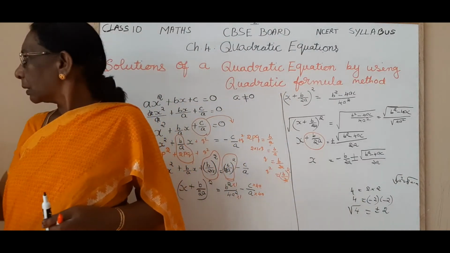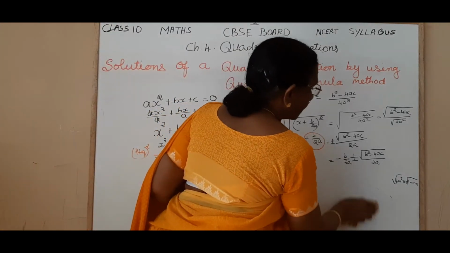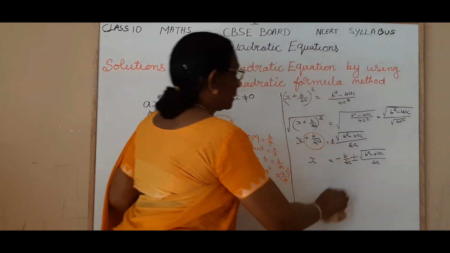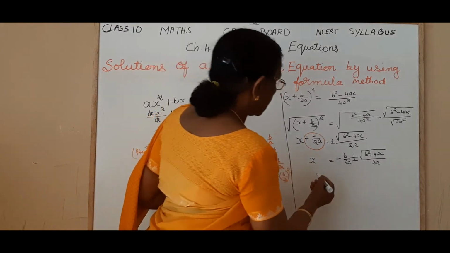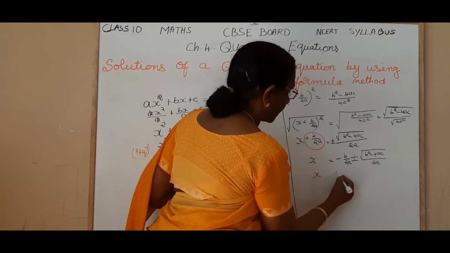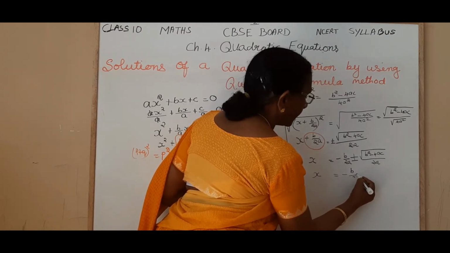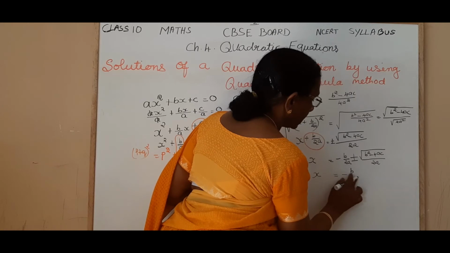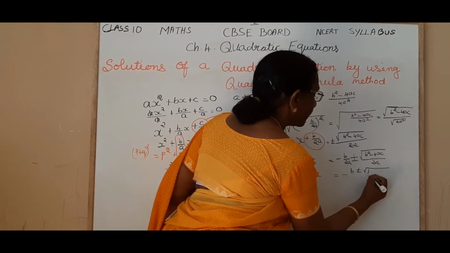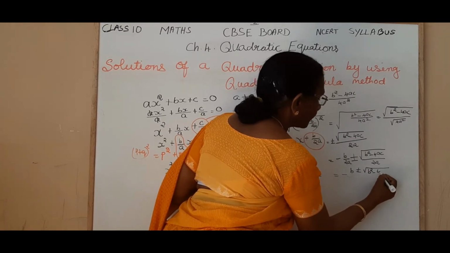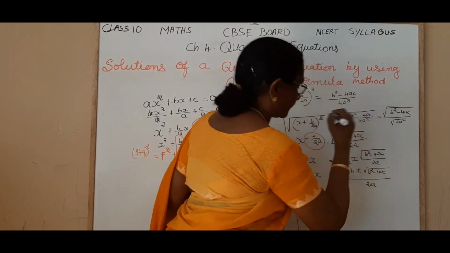Now see here, 2a is the common denominator for both terms. Isn't it? So you take this as the common denominator. X is equal to minus b plus or minus root of b squared minus 4ac, the whole divided by 2a.